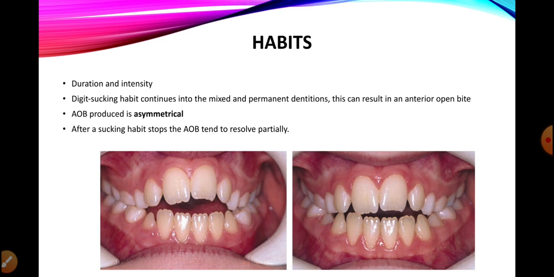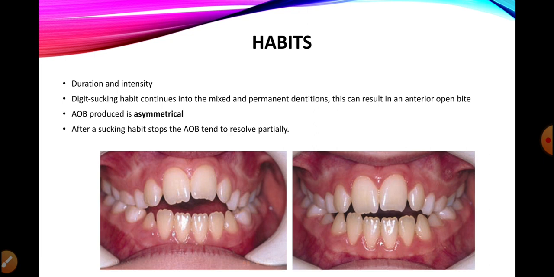So digit sucking habits that continue into the mixed and the permanent dentition may result in anterior open bite. And why are they causing the anterior open bite? If a patient is putting a thumb or a finger inside the mouth for a long period of time, it is reducing the potential of the incisors to erupt.